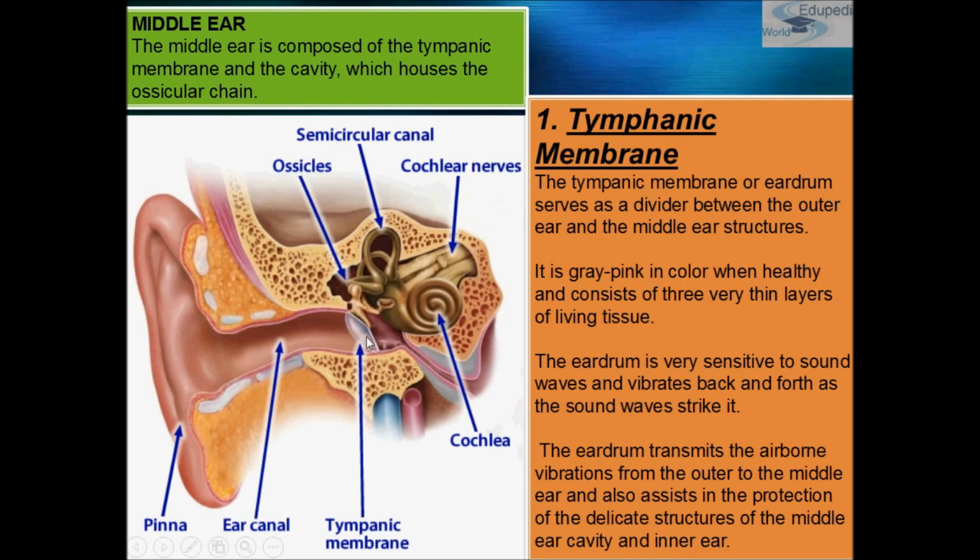And it serves as a divider between outer ear and the middle ear structure. As you can see, this is the outer ear and this is the middle ear. So it acts as a divider between outer ear and middle ear structure. It is grey-pink in color when healthy, and it consists of 3 very thin layers of living tissue.